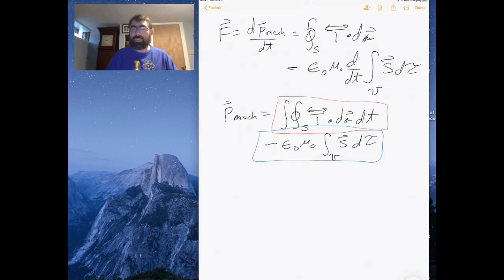So our momentum is basically shared between those two terms, and if we have the same interpretation that we did with energy, then the surface term is the amount of momentum that is escaping the system through the boundary, and the volume term is the amount of momentum that is stored up in the electric and magnetic fields inside the system. So therefore I can write down these two parts. I can write down my momentum of the fields.